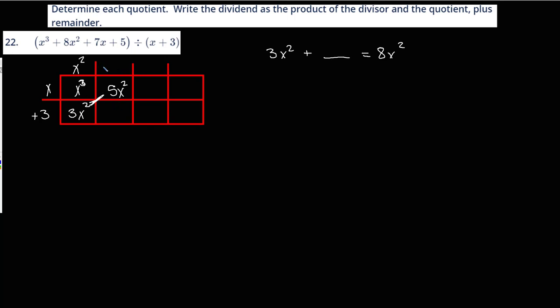Divide going up, which gives me 5x, 15x. Complete the diagonal. 15x plus something is equal to 7x. So that something is a negative 8x.